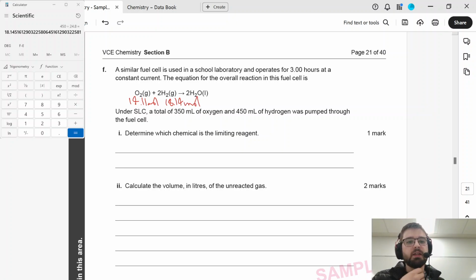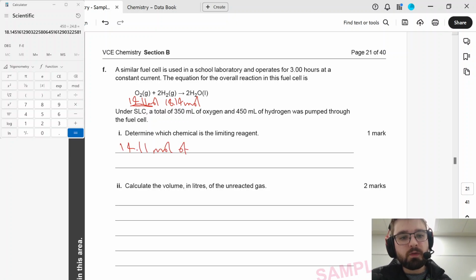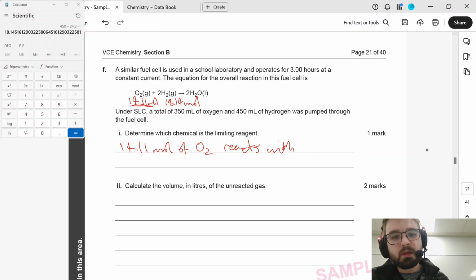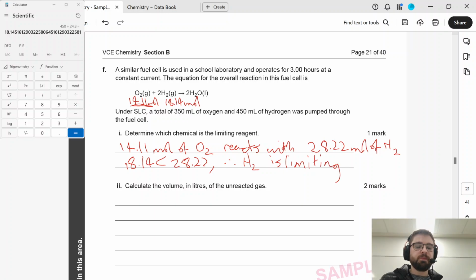Now, you would expect that this much oxygen, 14.11 mole of O2, reacts with twice that, so it's actually going to react with 28.22 mole of H2. 18.14 is less than 28.22, therefore hydrogen is limiting. So even though there's more hydrogen, it's still limiting because you need twice as much of it, and there's not twice as much hydrogen as there is oxygen.